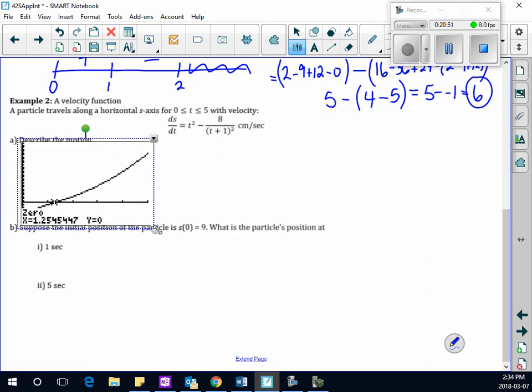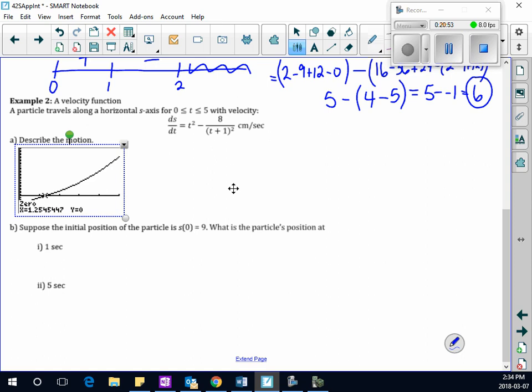Okay, so describing the motion. What does this negative mean right here? I just want you guys to analyze this before I actually give you the answer of what you should write.